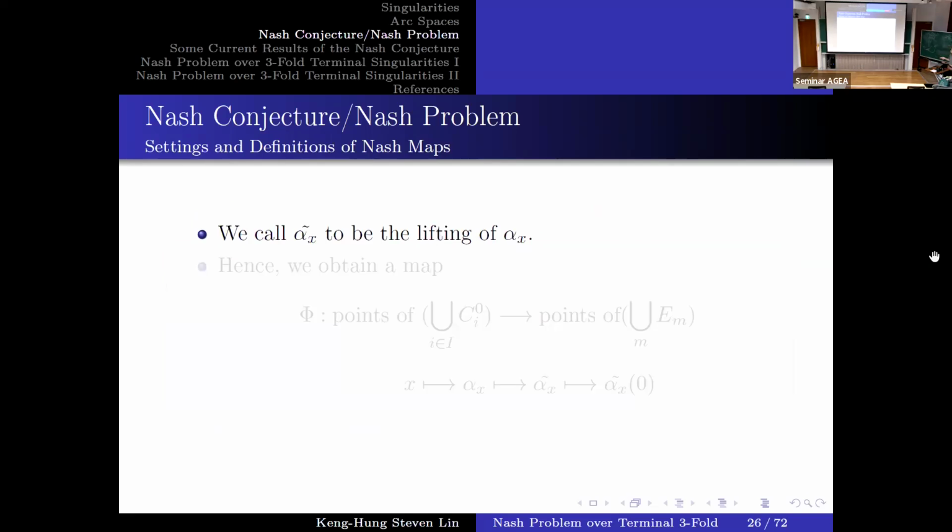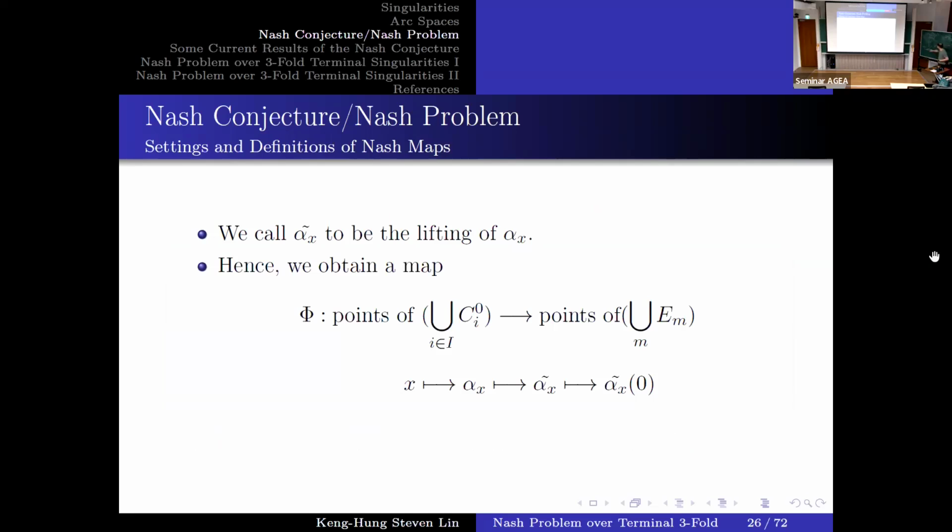Okay, so let α̃ be the lifting of α to X. Okay, so apparently we have an arc. Then by f we can lift to a new arc on Y such that it is based on an exceptional set. Okay, and if you simply look at the picture, you will see that this arc, we just said that it can be lifted to some exceptional set or exceptional components arbitrarily, right?